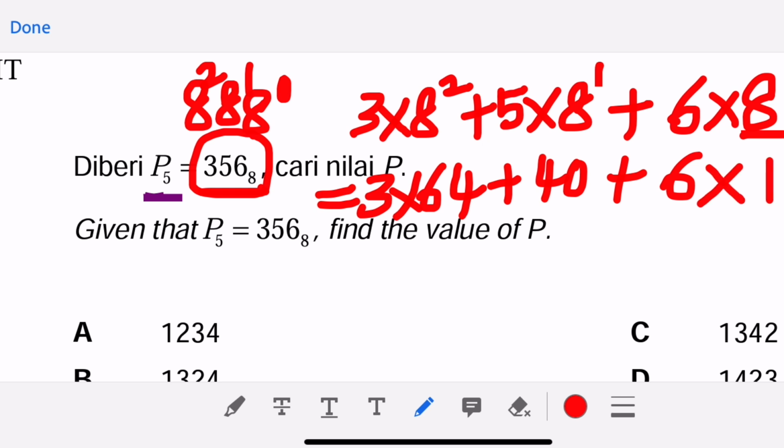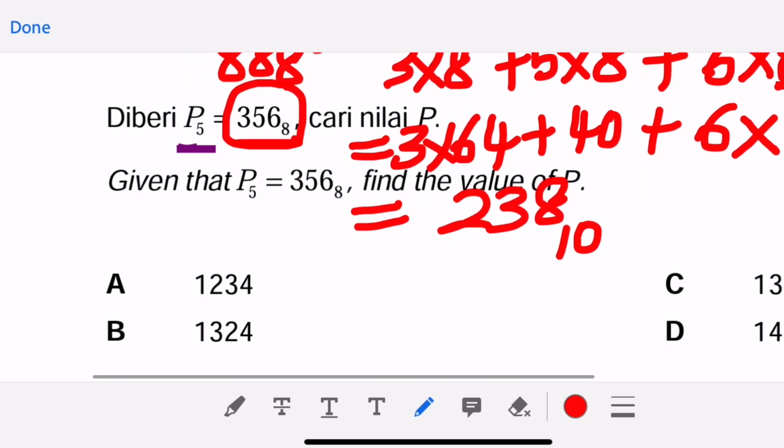Anything to the power of 0 is 1. So we have 3 times 64, which is 192, plus 40, plus 6, right? So we have 238 in base 10.